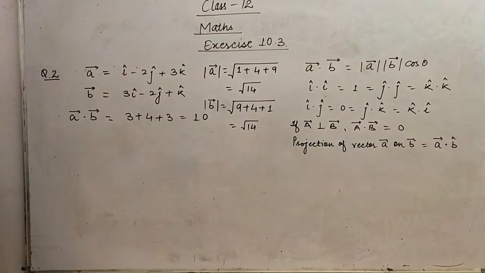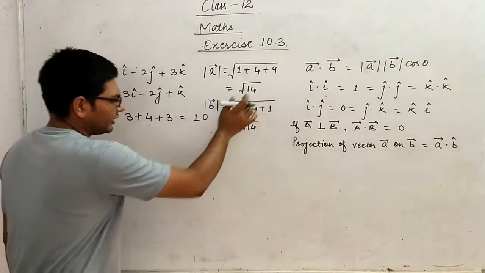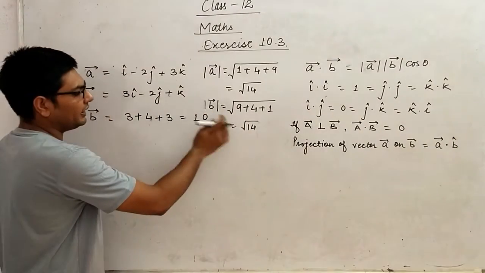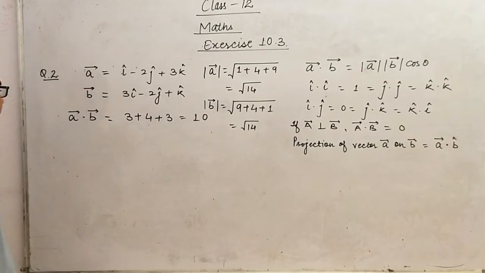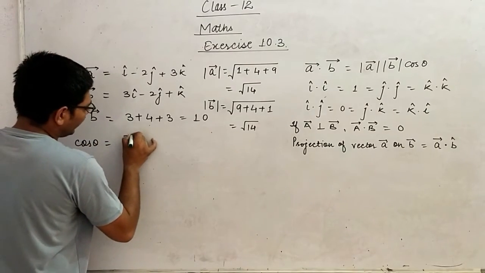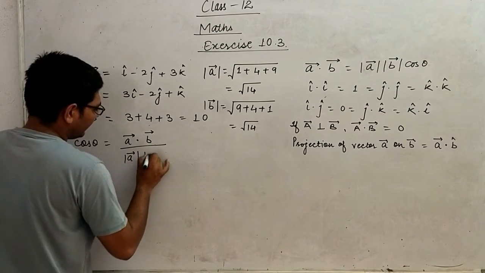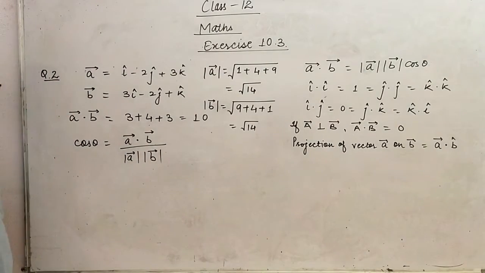Now a dot b is 10, the magnitude of a is root 14, and the magnitude of b is root 14. So cos theta equals a dot b upon the magnitude of a into the magnitude of b. Right beta?